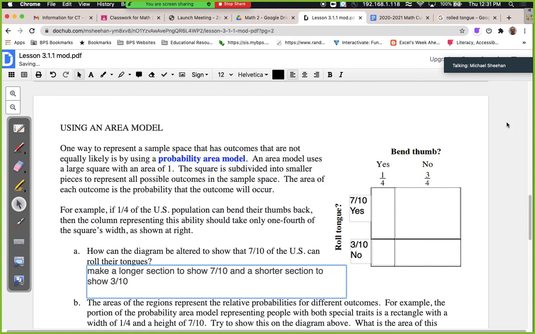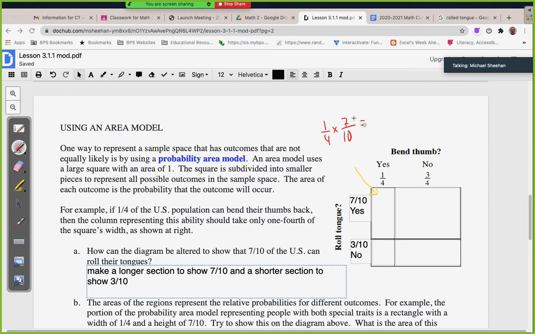Well, we're going to do what we did in the other one. We're going to multiply the two probabilities. To get this number here, we're going to multiply 1/4 times 7/10. And what's that going to give me? What do I get on top?